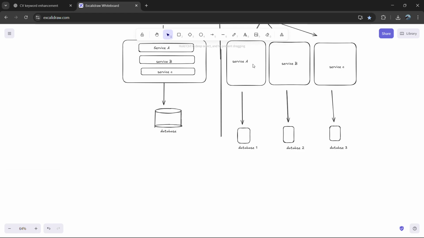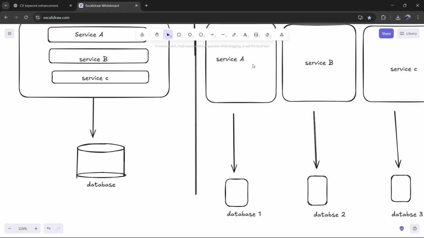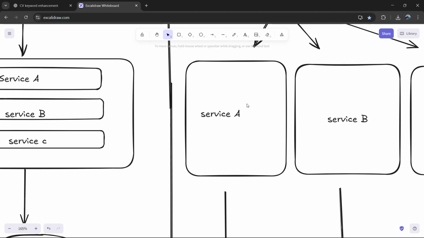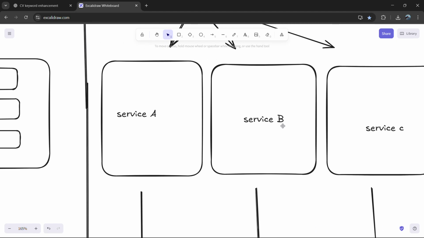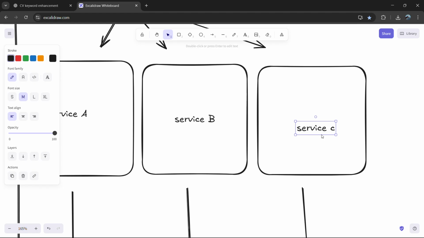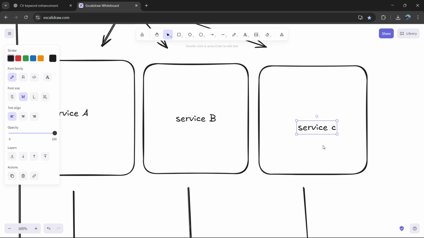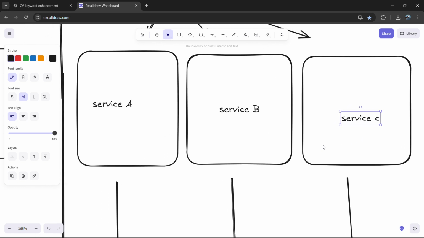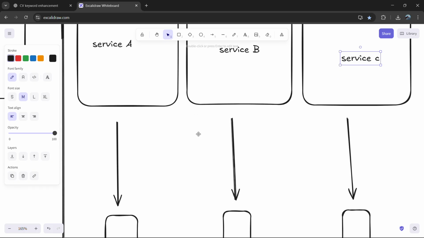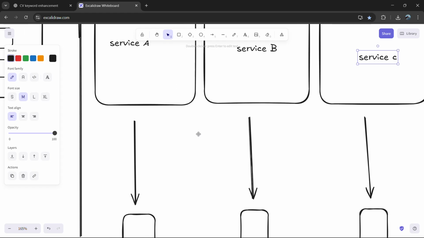Suppose microservice A will do its own job, microservice B its own job, and microservice C will cover its own job without disturbing each other. These all systems will work independently. They will run on their own port number.